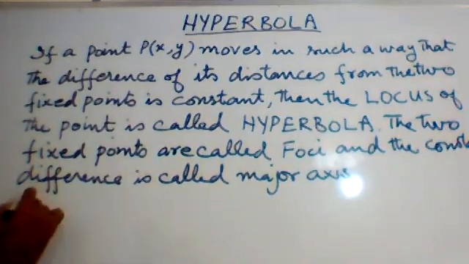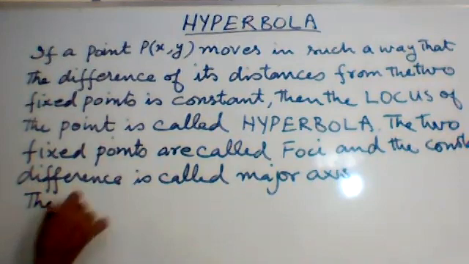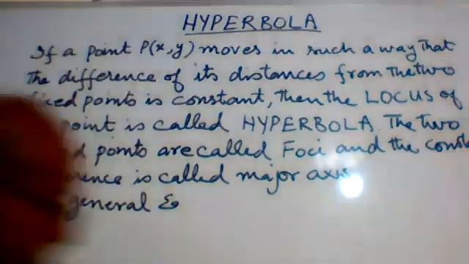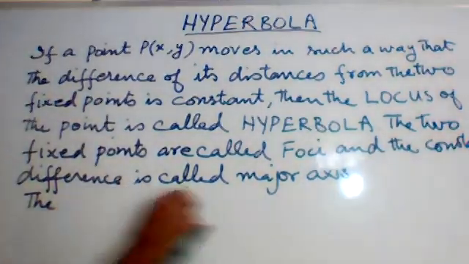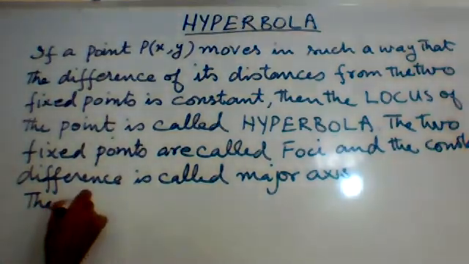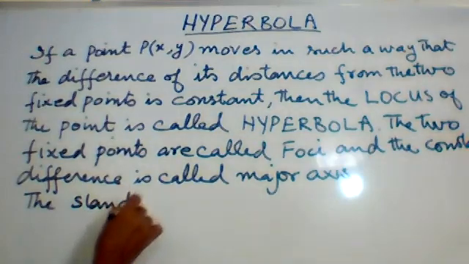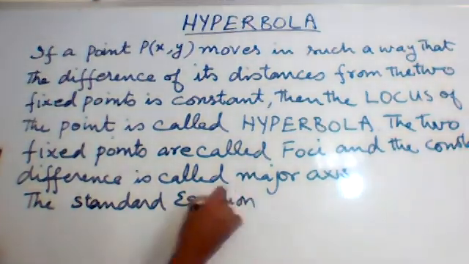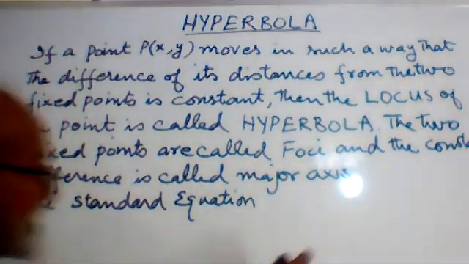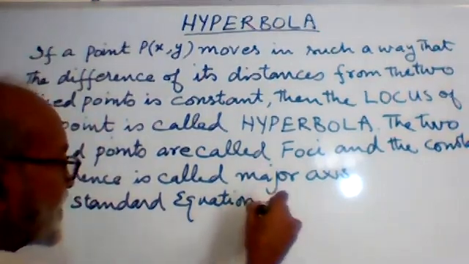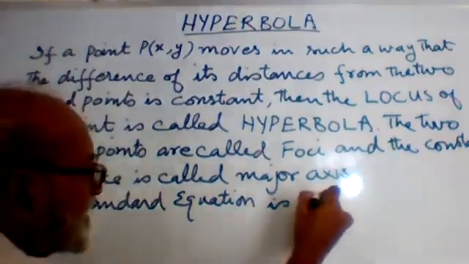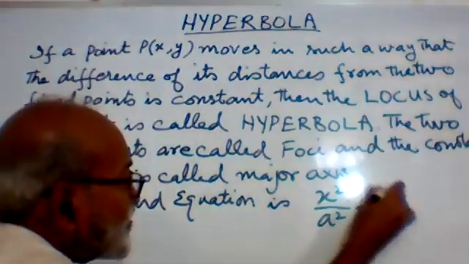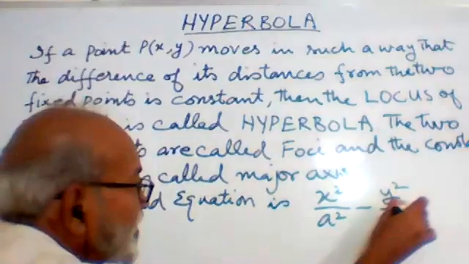The standard equation is x square upon a square minus y square upon b square equal to 1.